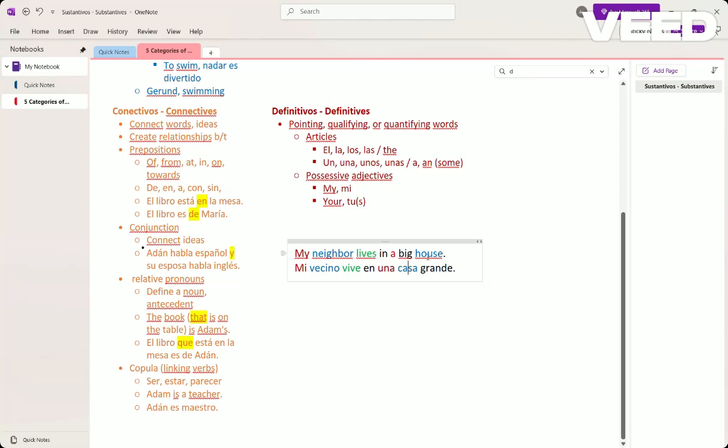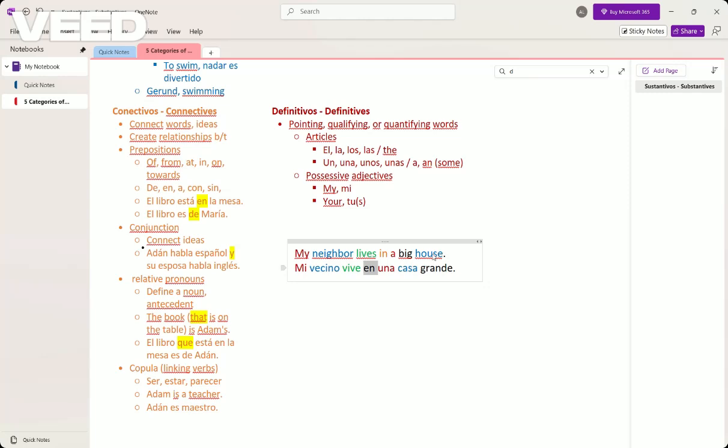House has a relationship with lives. And the word that connects those two is the word en. That's going to be my conectivo. Now grande, basically that's just a modifier or a descriptor that describes house.